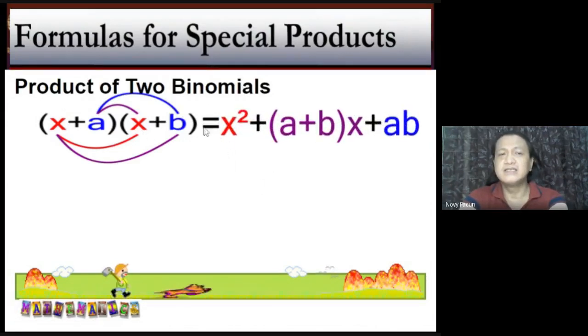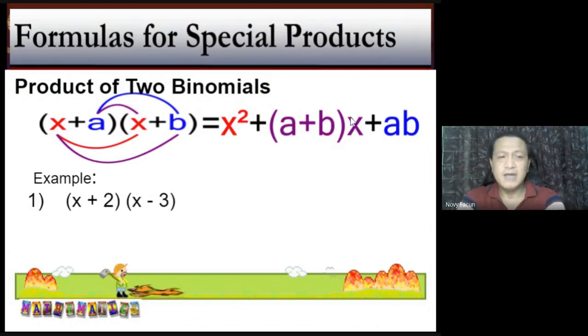If you are going to simplify these two binomials to get their product, we have x square plus the quantity of a plus b x plus ab. So meaning to say, ito yung sum ng inner and outer terms mo. Remember, that is the FOIL method, but in-apply na natin sa special product. So we don't need the FOIL method, pero we have to use that to check.